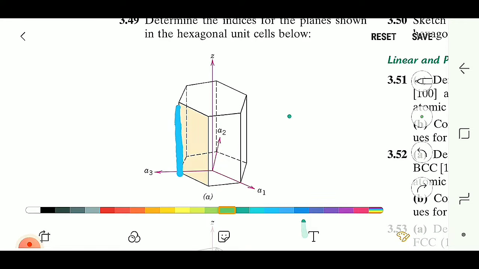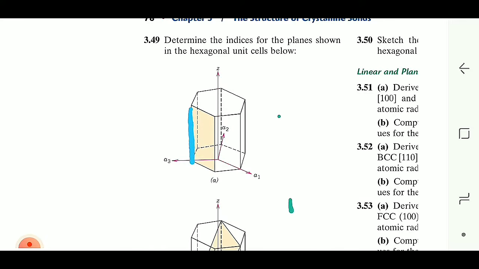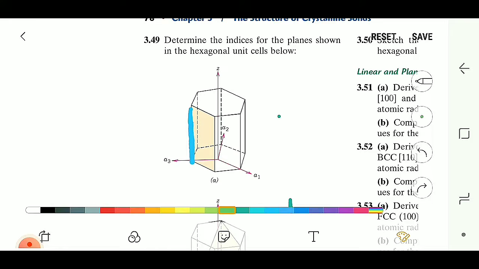So corresponding to the z-axis, the intercept is infinity also, because the plane is parallel to the z-axis, and hence they will never intersect, and mathematically we can write this intercept as infinity. So the A1 and Z intercepts are infinity, while the A3 and A2 intercepts were discussed to be 1 and -1 respectively.